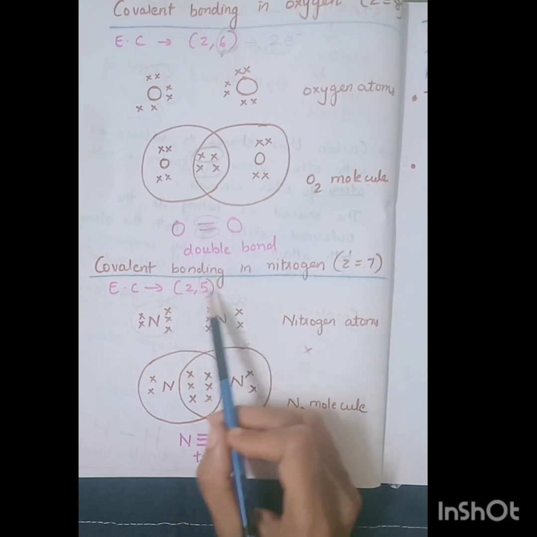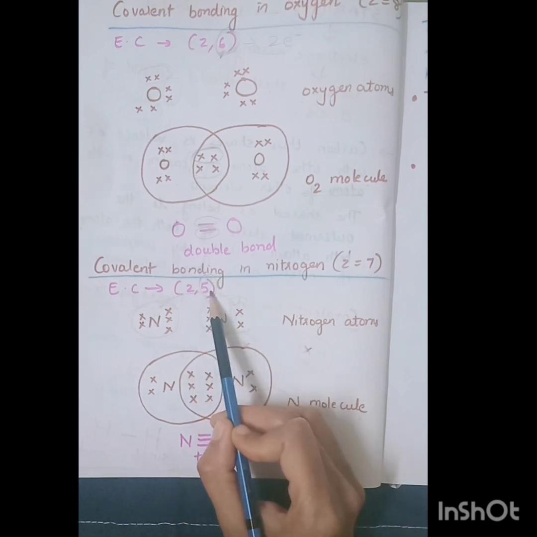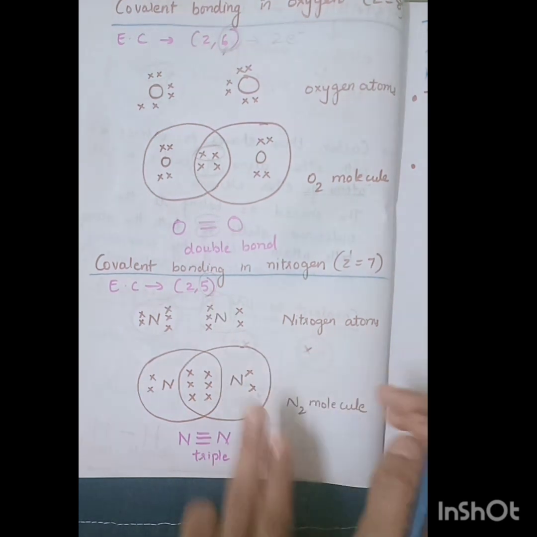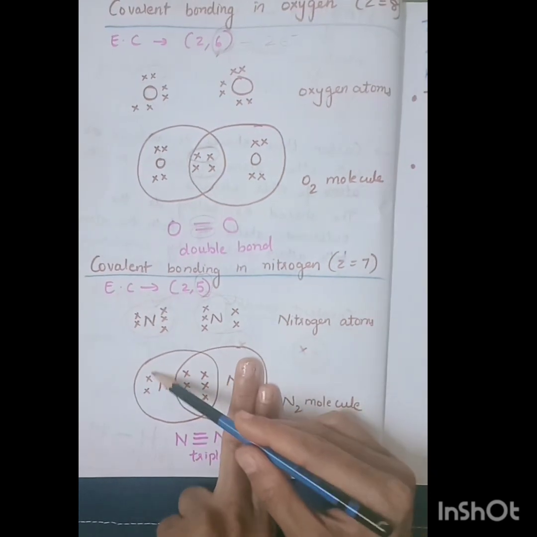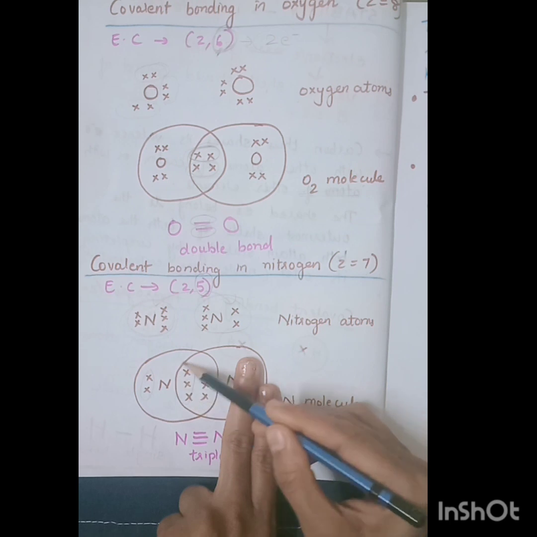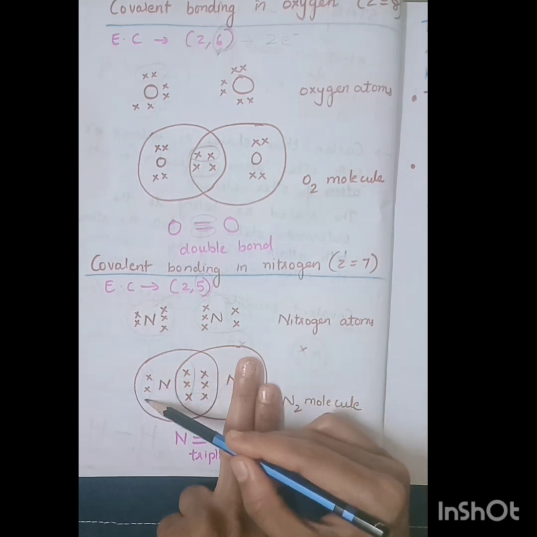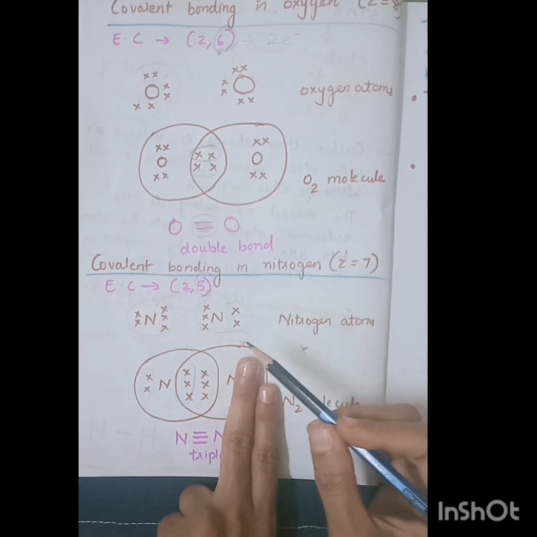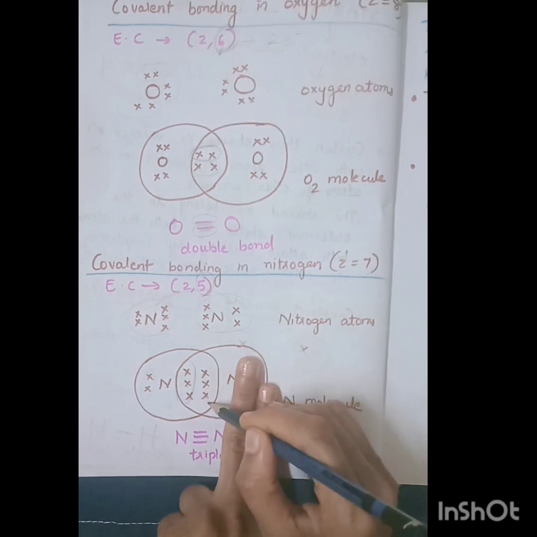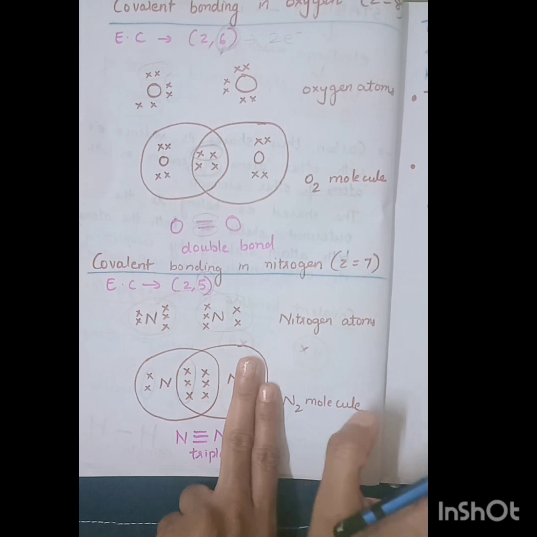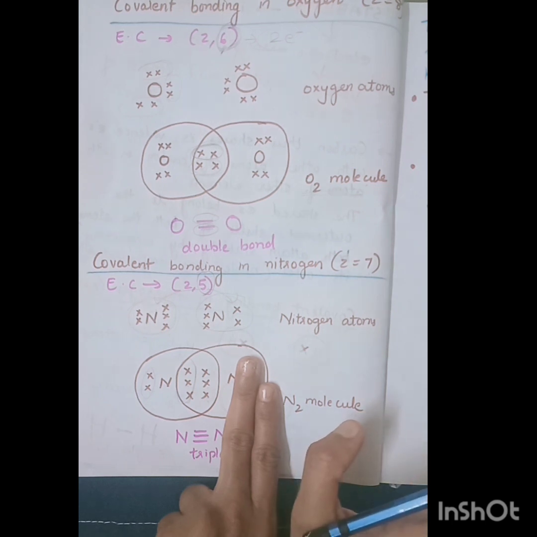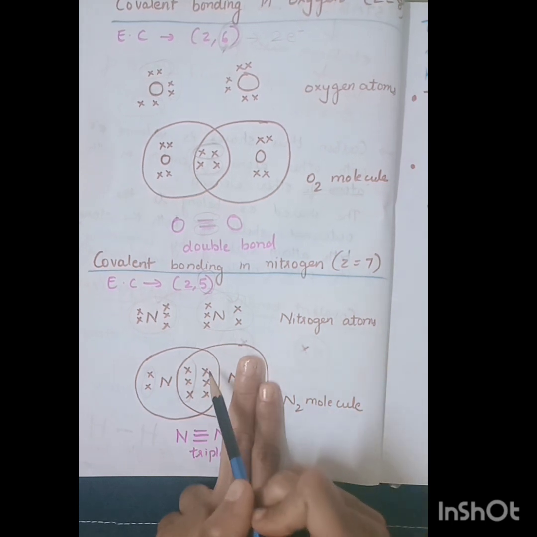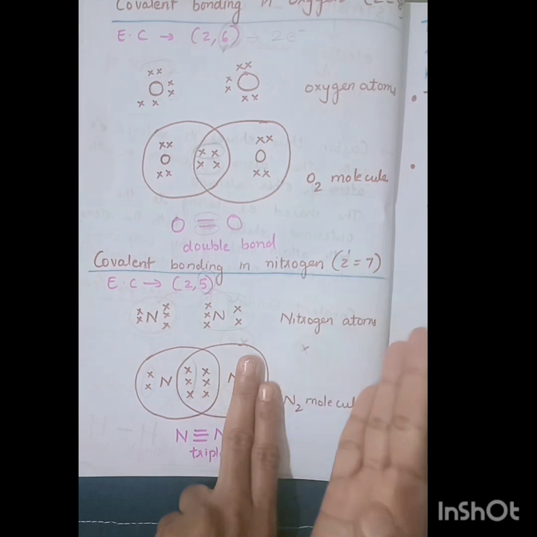If you see here the electronic configuration, it requires 3 more electrons to complete its octet. So look at this one. These were the electrons which it already had, 3 4 5, and how many more does it require? 1 2 3. So 5 plus 3, it will get 8. That is, its octet is complete and now it is stable. So it shared 3 electrons from the other one.